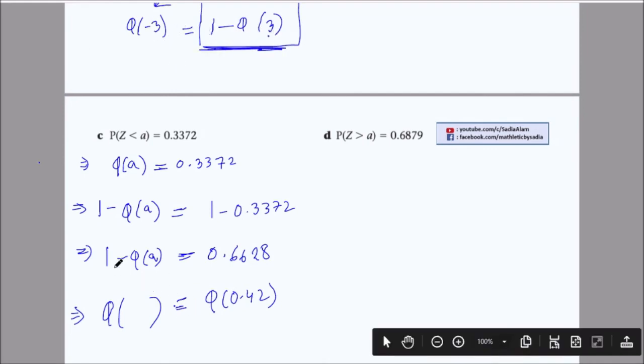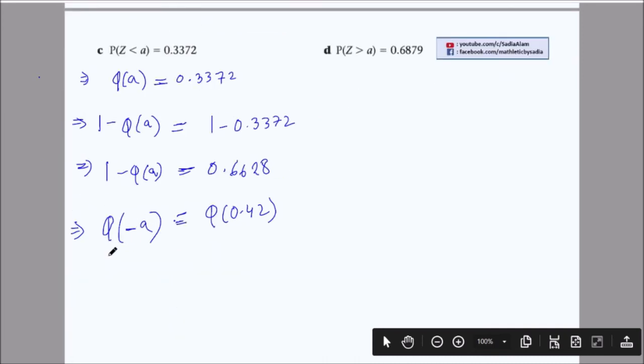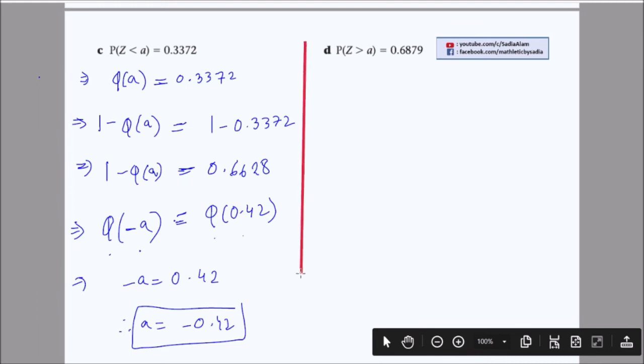So 1 minus phi of a, if you want to write phi of something, we can write phi of minus a. Then we have phi of something on both sides, and if we compare the position, we get minus a equals 0.42, and from here we get the value for a, minus 0.42. So this is part C.